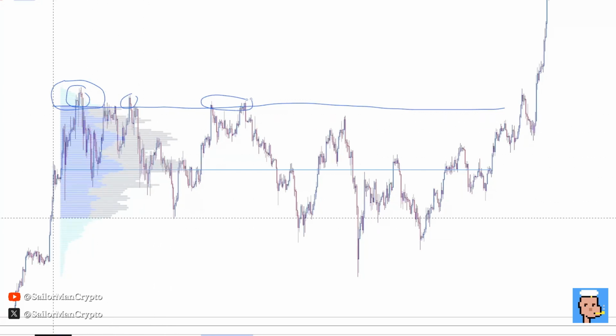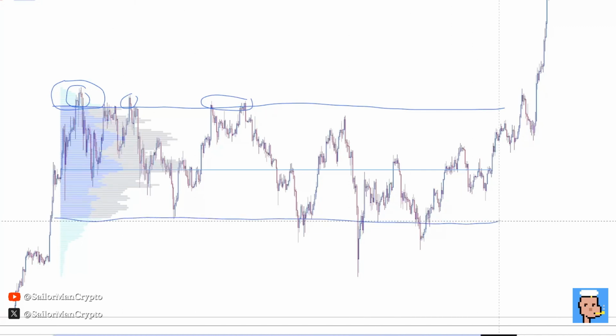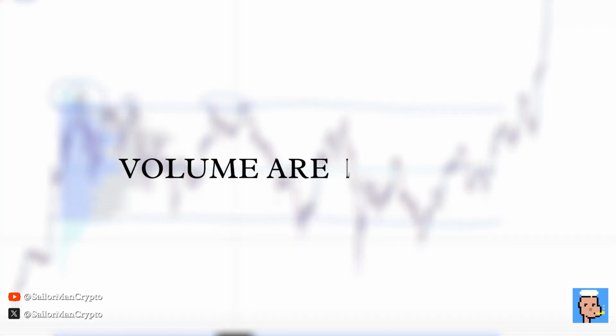affecting the volume profile. Same goes for this level down here, and this level that I show you where the dark color starts and we start with the lighter color. This is called the volume area low, and the same applies.